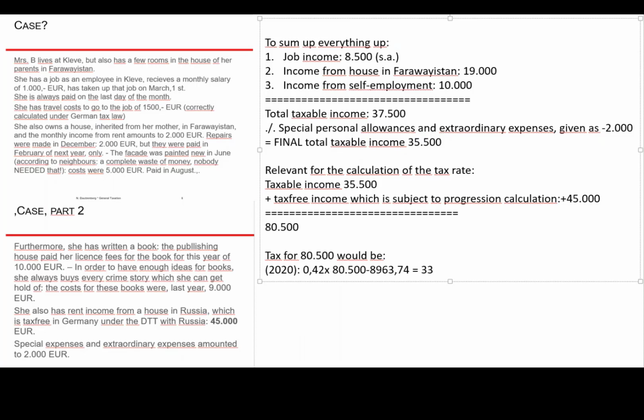This is 33,810 minus 896.374. That's the correcting factor for the fact that not everything costs this. And let's calculate that. 8,963.74.